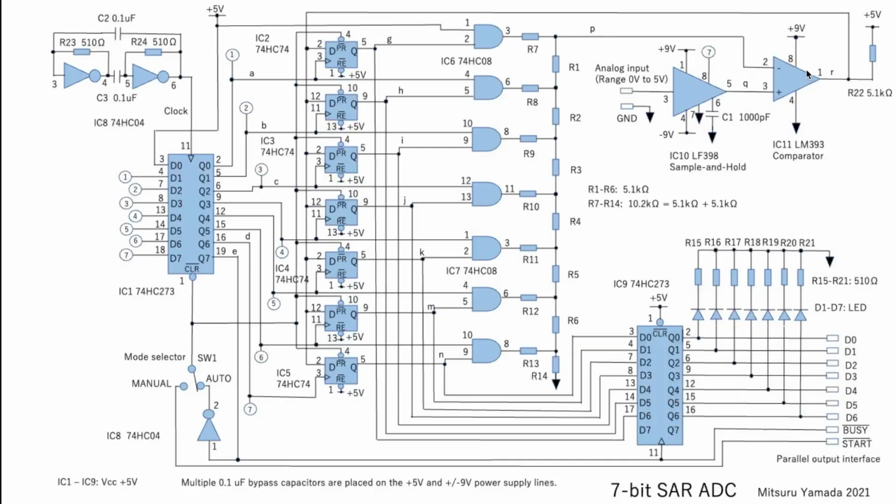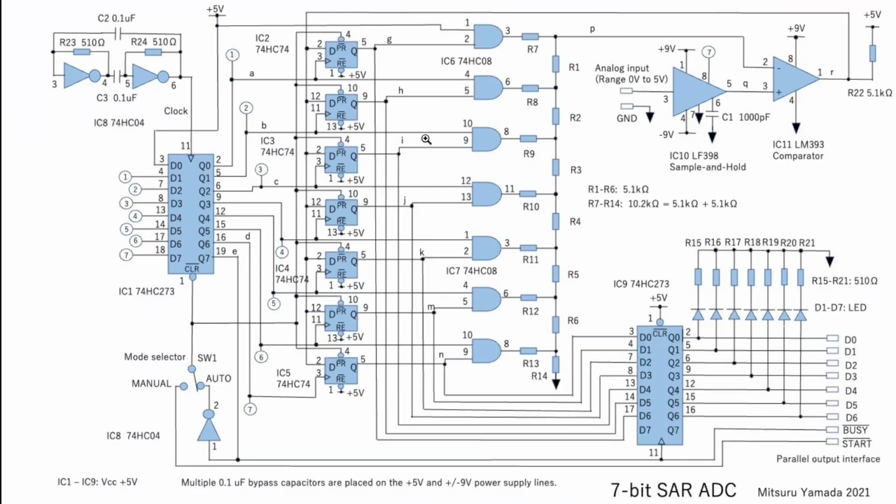Then, using this comparator, it compares the voltage from the circuit to the analog voltage that's being provided, and gives out a signal whether it's larger or smaller than the analog voltage. If it's larger than the analog voltage, the bit will be set to a 0, and if it's smaller, the bit will be set to a 1, and that bit will be set right here in the output, and then it will move on to the next highest bit and do this whole comparison again.